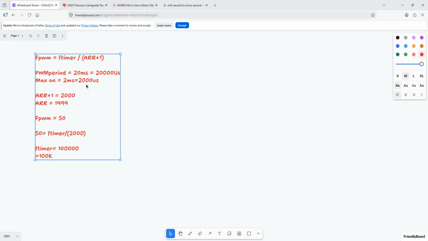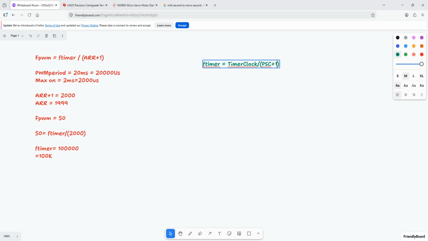Now further, we have to do the calculation for the prescaler. The formula for that is: now that we have F_timer, F_timer is equal to the timer clock, which is the main clock that we are going to receive from the internal oscillator, divided by PSC plus 1.